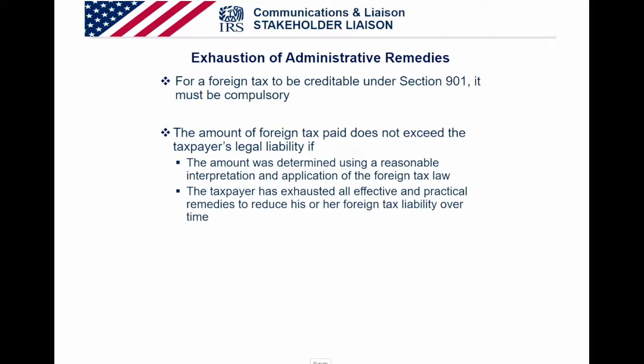For example, if a treaty exists which reduces the normal tax rate on a particular type of income, did the taxpayer do everything they could to apply the lower treaty rate?